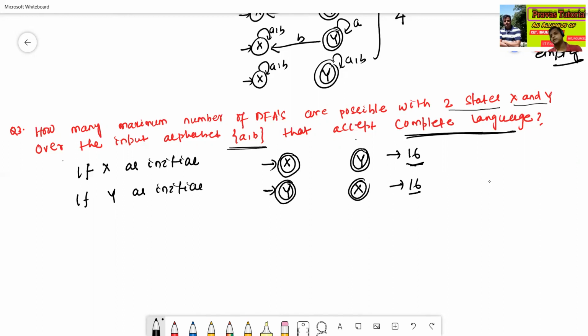Now we can check whether some other DFAs accept the empty language, the complete language, or not.